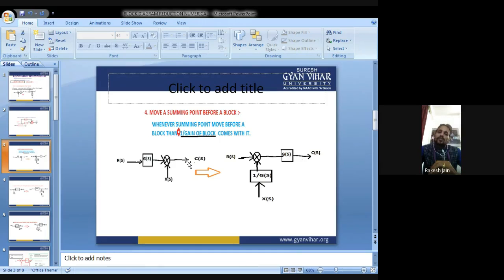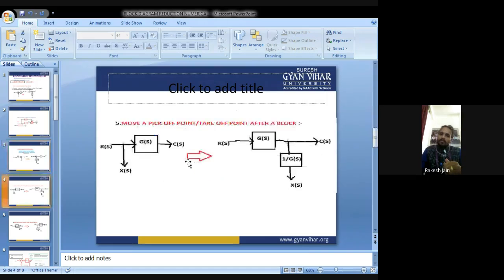The gain was Gs, so it will come in a reciprocal manner, 1 upon Gs. So we can easily move the summing junction before a block, but the gain of that block will come in a reciprocal manner. So 1 upon Gs will come here.